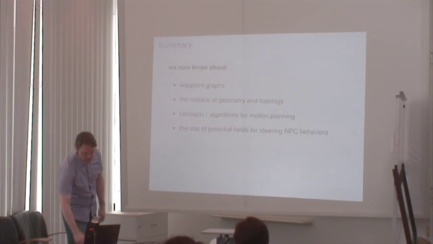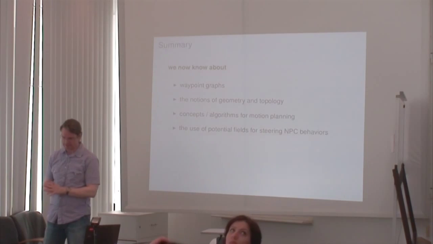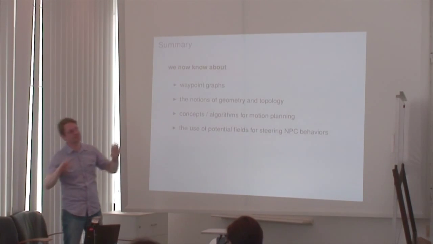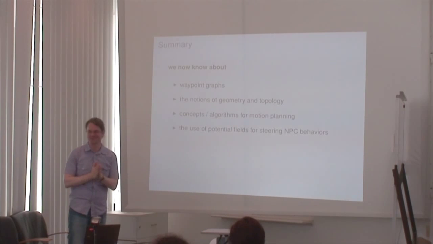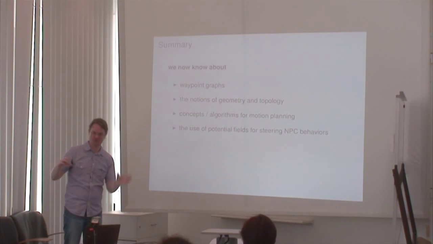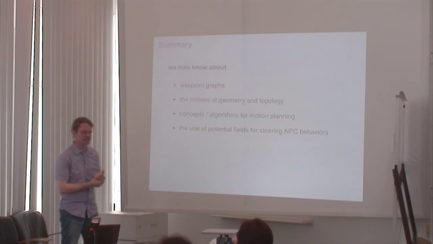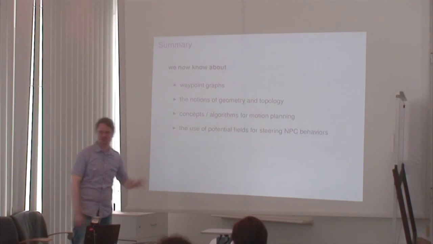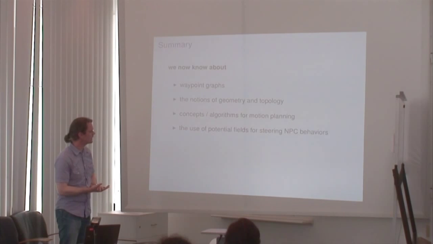Let's see. So, today we have learned about waypoint graphs and the notion, and I am very careful, we did not really learn about the notion of geometry and topology, but we have discussed what geometry and topology could be and how we, in a sentence, can distinguish them. This is really deep stuff. We have to be careful.